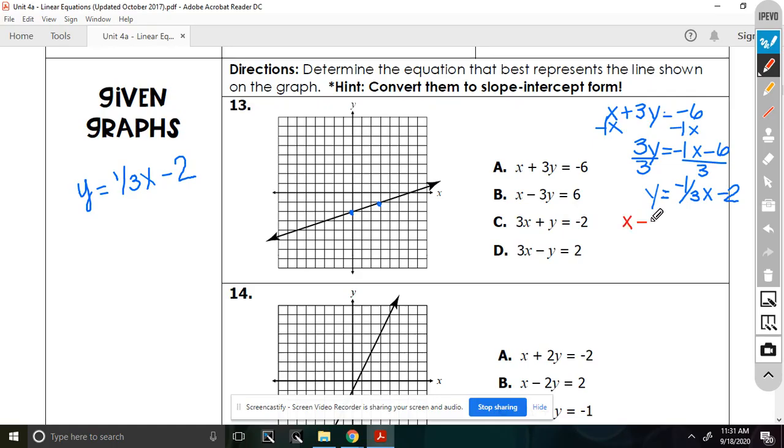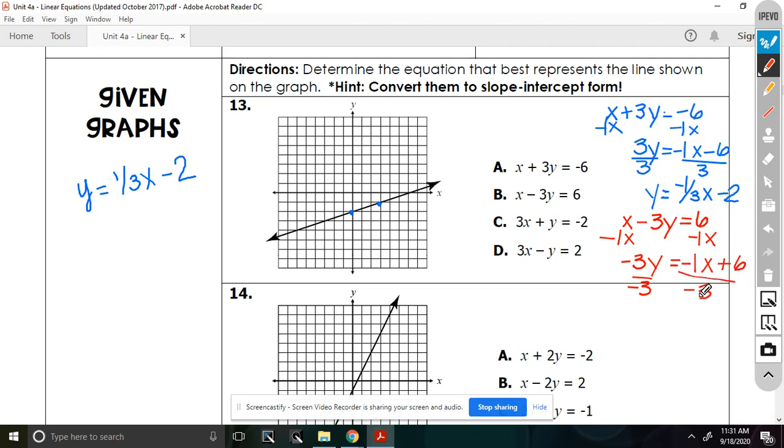I have x minus 3y equals 6. I'm going to subtract 1x, subtract 1x. I get negative 3y is equal to negative 1x plus 6. Okay, now we're going to divide everything by negative 3.